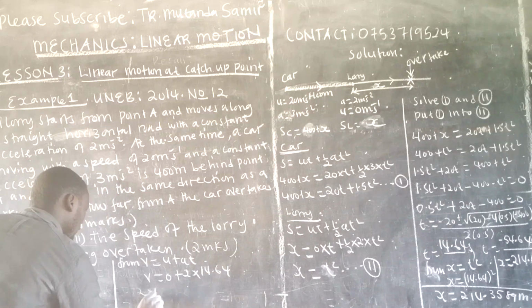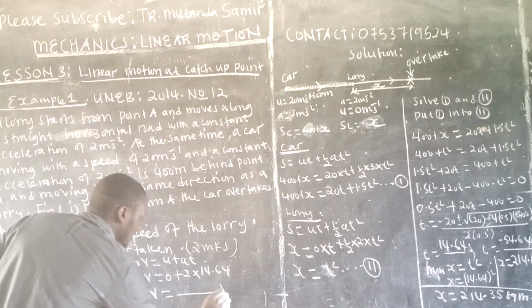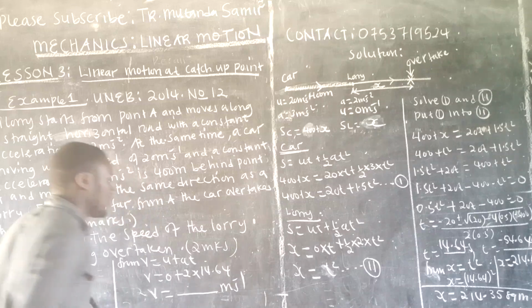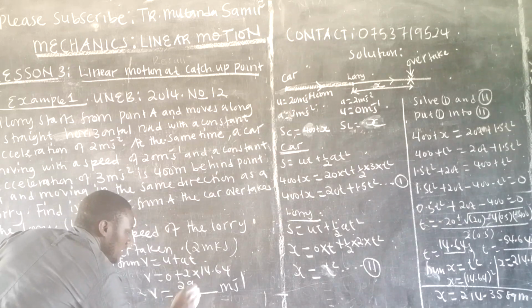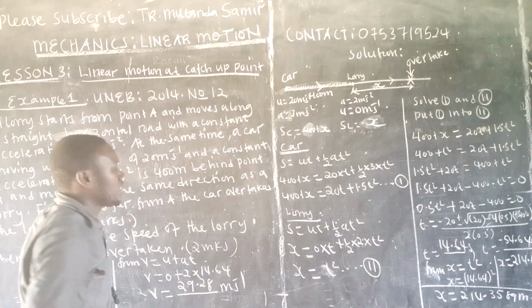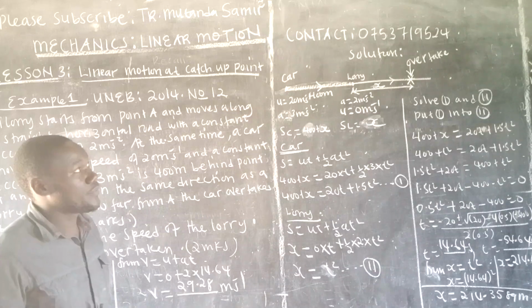Now what will be your final velocity in meters per second? And with that, you'll have answered the question fully. From the calculator, you press 0 plus 2 times 14.64, that will give us 29.28 meters per second. As simple as that.